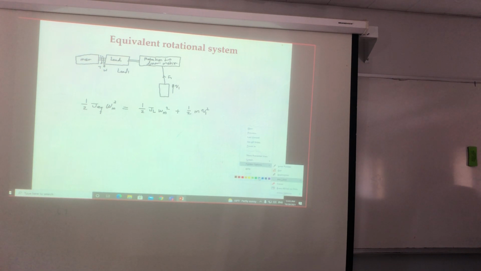So now this can be written as, let's change the color to be dark. Now I will respect the 1 over 2, so this will equal 1 over 2.